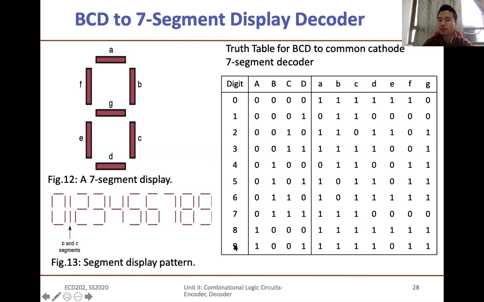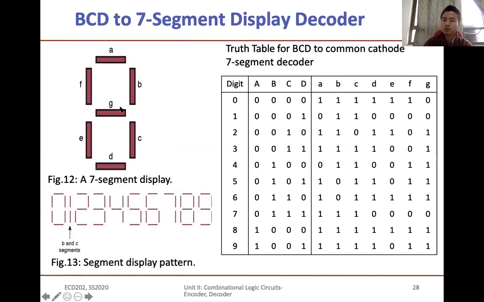So it will display 0. Now if you look at 9, the binary number for 9 is 1001. In order to display 9, if you look at this display and draw the 9, only E should not glow, the rest should all glow. Therefore, in the truth table it is shown that E is 0 and the rest are 1.